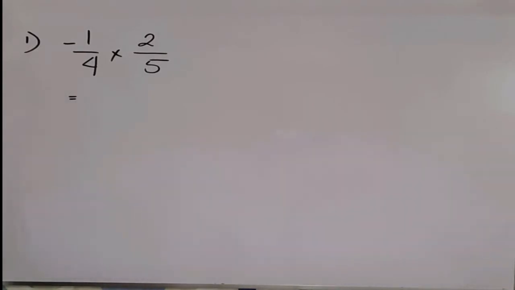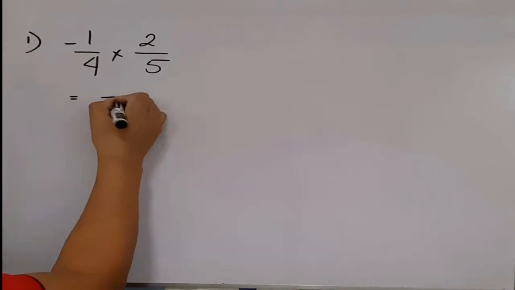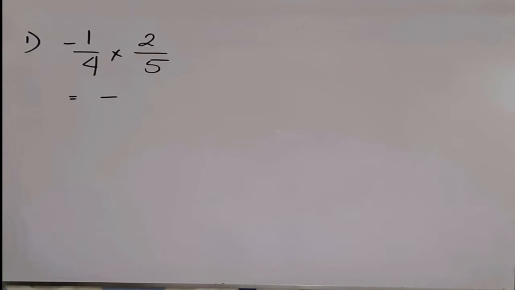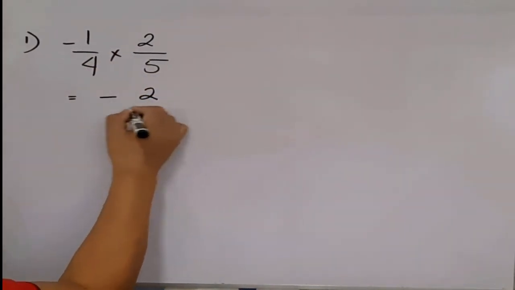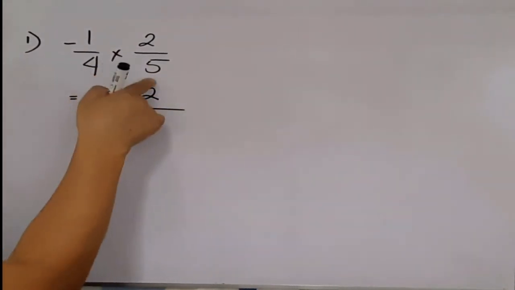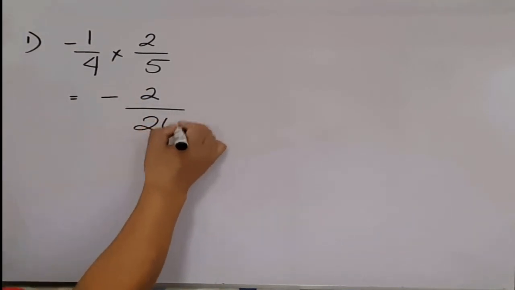We said a while ago that the multiplication of fraction with a negative and a positive sign is negative. And then proceed with the multiplication of the numerators and denominators. Or 1 times 2 is 2, over 4 times 5 is 20.